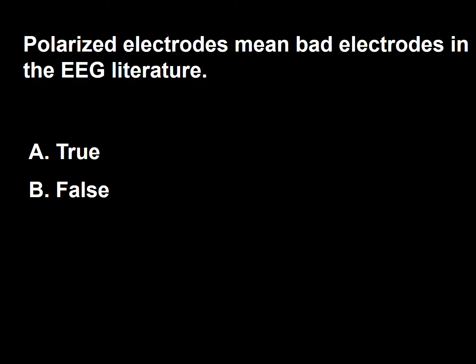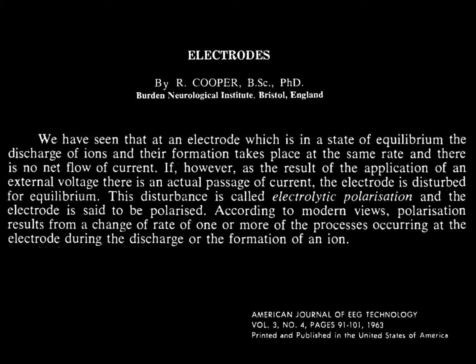The next question is, polarized electrodes means bad electrodes in the EEG literature. A, true. B, false. I'd like you to read this paragraph again carefully. My interpretation of it is that in order for current to go through, some polarization must be present.